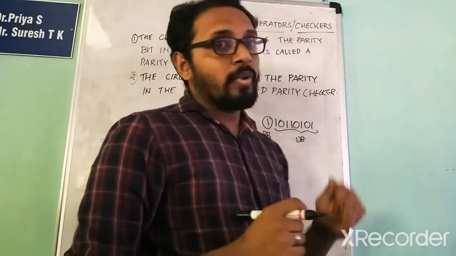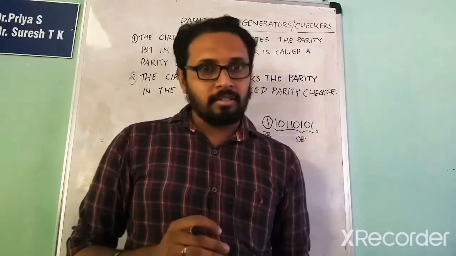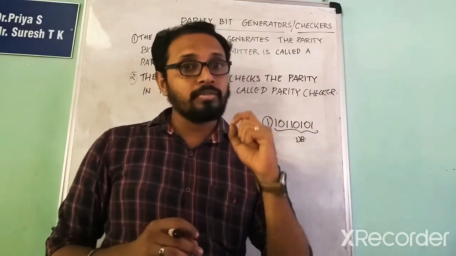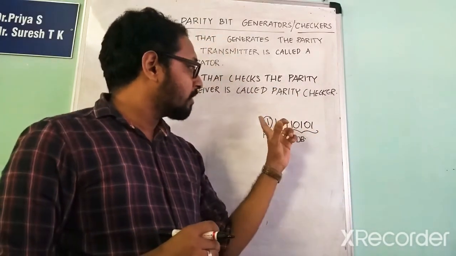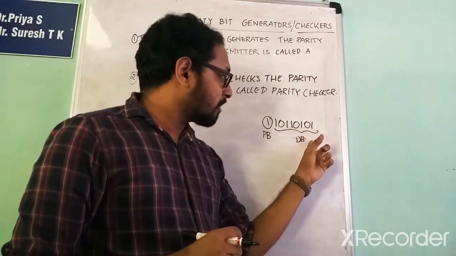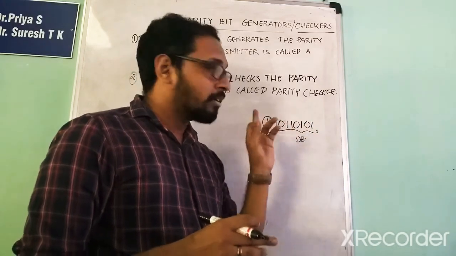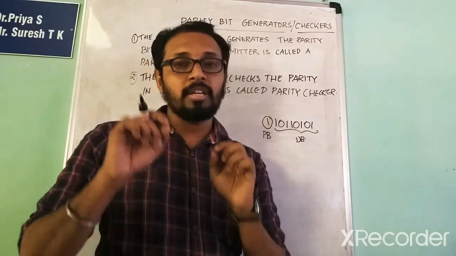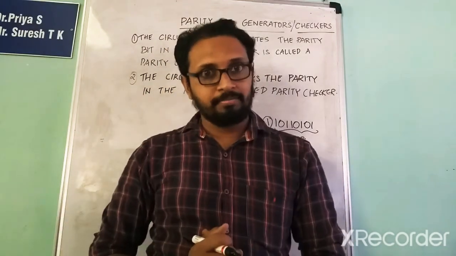When we send the data with an even parity bit generator, the number of ones, including the ones in the data bits and also the parity bit, should be even for even parity, and odd for odd parity.